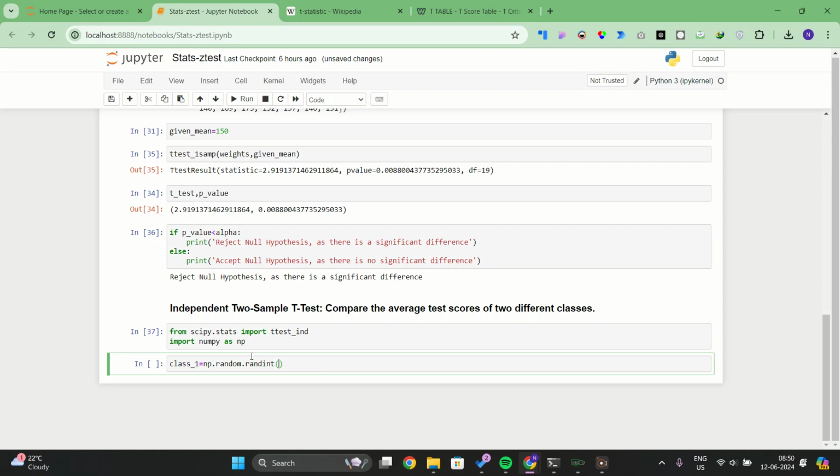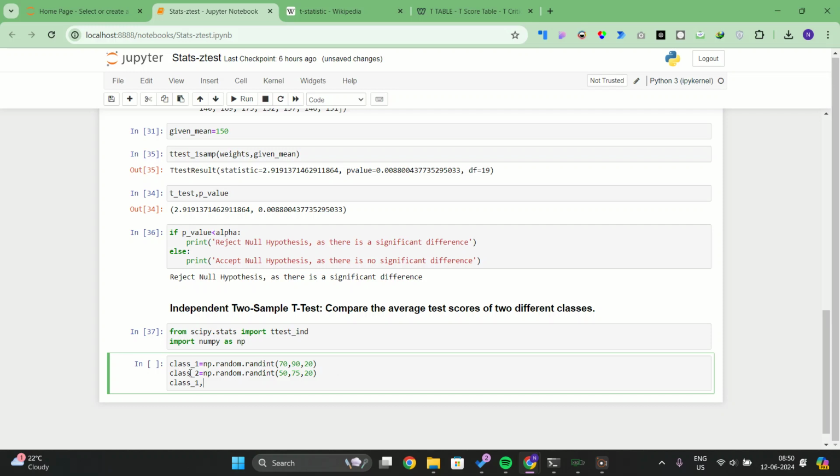Let's take the minimum score to be around 70 and the maximum to be 90, and we are going to consider 20 samples. For class 2, let's keep it 50 and 75. I'm sorry about that. So yeah, there are the two samples that we are going to check.